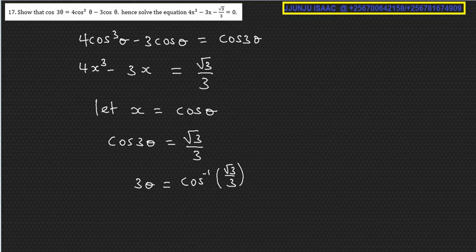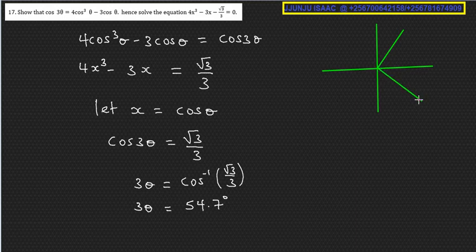So we have 3 theta as 54.7 degrees. So this is for 3 theta. But remember, we are going to look for intervals where cos is positive. So we have here and here, and we shall only focus on the first 3 values of theta.